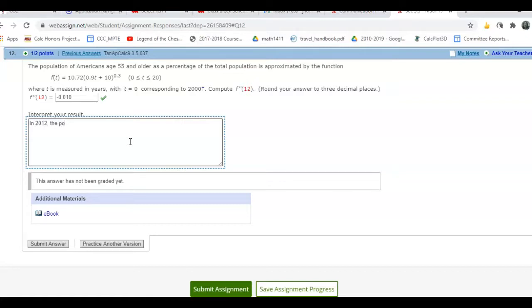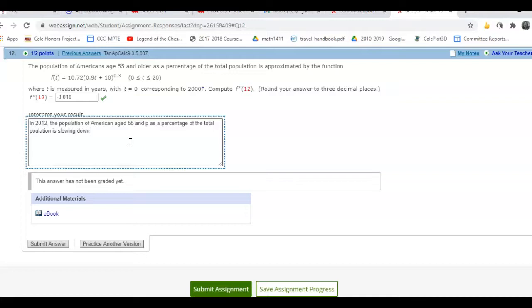Let me just write this fast: the population of Americans aged 55 and up, as a percentage of the total population, the whole U.S., is slowing down ever so slightly.